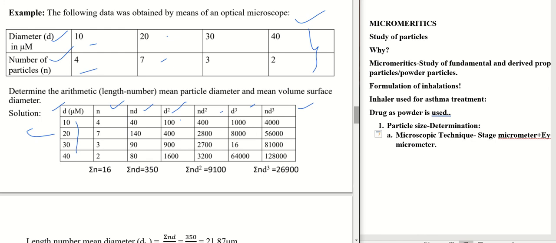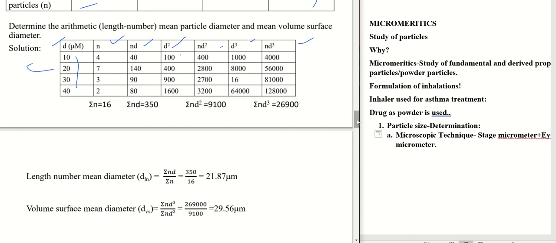Now why is it necessary to calculate all these d square, d cube values? We need to consider the 2-dimensional and 3-dimensional size of the particle. Hence we will be considering the d square and d cube values.